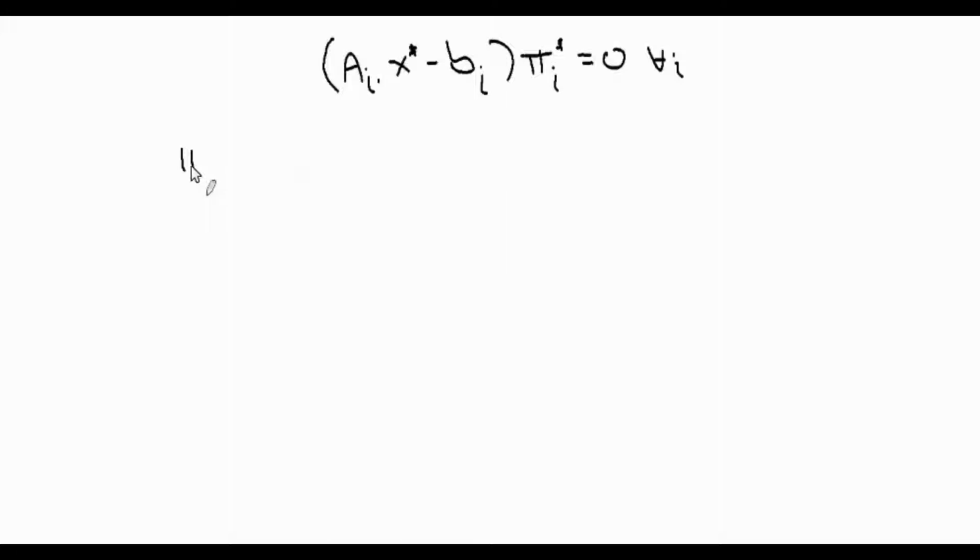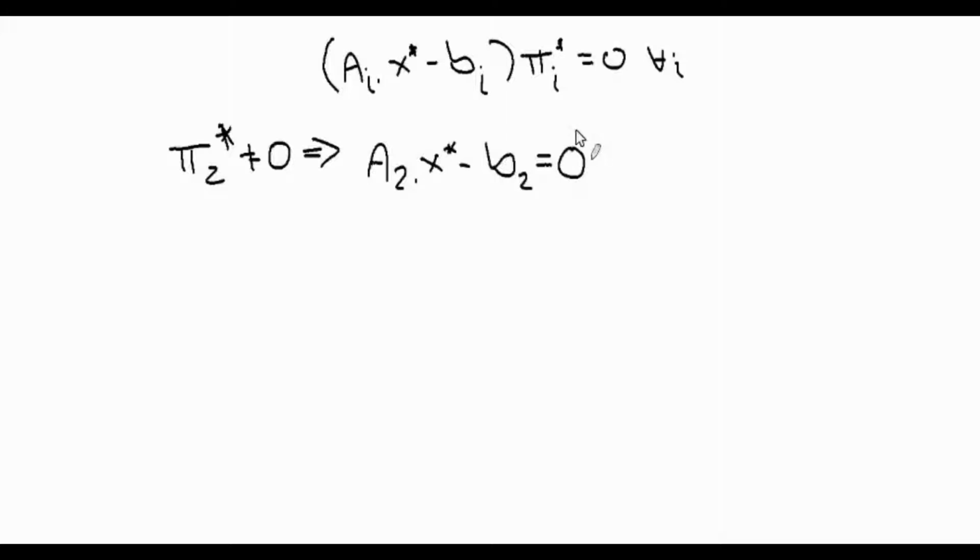Well, pi star sub 2 not equal 0 implies, because of this condition, that A2 dot x star minus b sub 2 equals 0.